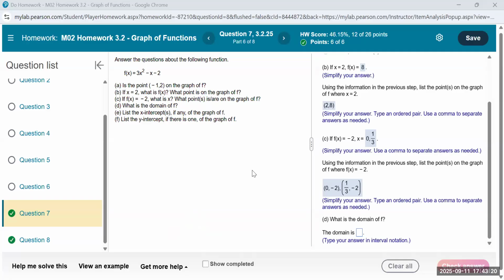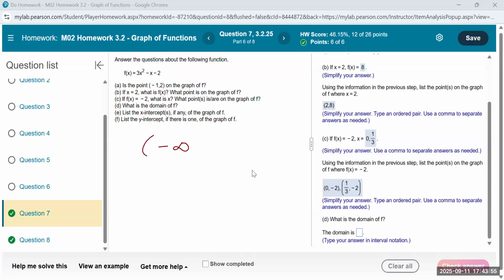So if you have, let's say, a square root in your equation, or if you have a denominator, then you have a restriction when it comes to the domain. But if you don't have any radicand, if you don't have any denominator in your function given, then your domain is always going to be all real numbers. So this function, there are no restrictions. So the domain is going to be what?